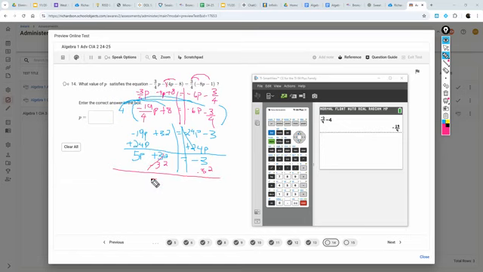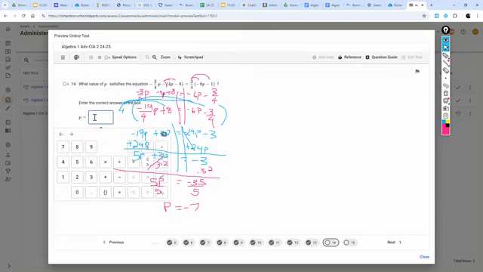So we have 5p equals negative 35. I'm going to divide 5 from both sides. And I know that p equals negative 7. So we're going to type in negative 7. And that would have been your answer.